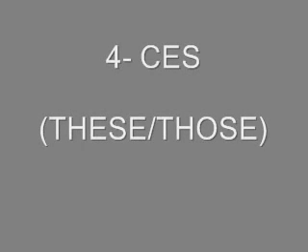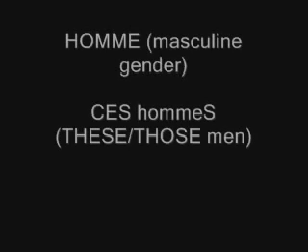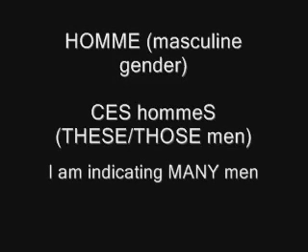Now, the last one is ces, C-E-S, which is these or those, okay? You use it when the noun that follows is plural, regardless of the gender. So let's take homme. Homme is man. It has a masculine gender. If I wish to say these men or those men, it will be ces hommes.